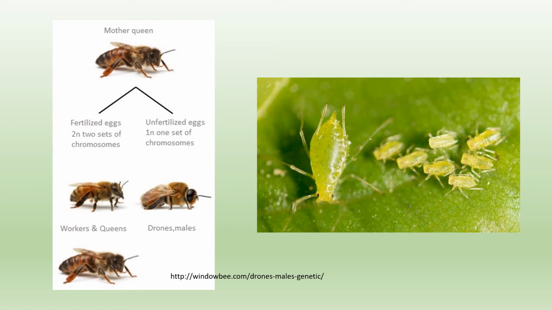In many marine fishes and many plants where you have true hermaphrodites, these individuals are capable of fertilizing themselves. This is called self-fertilization.